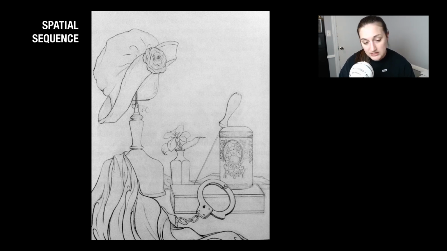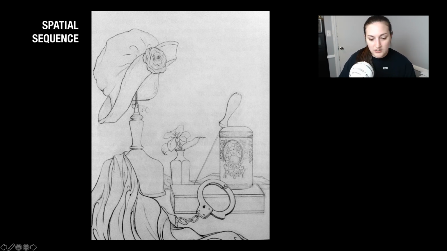So for something like this, we have a complicated scene, and what I'll give you the choice of doing is either a more complex drawing of how many objects are, like 1, 2, 3, 4, 5, 6, 7, 8 objects, or a couple of drawings of 3 to 4 objects.